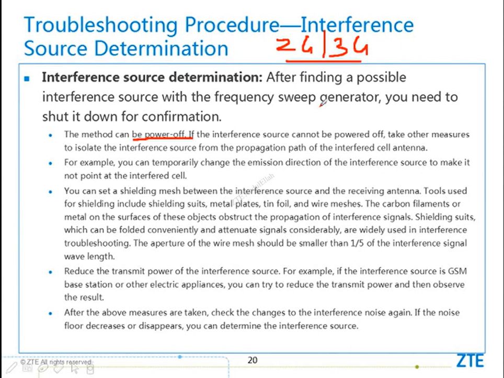If we power off and the interference disappears, then we confirm. But if the source comes from another operator, it's probably very difficult to ask them to power off. Then you can think about, for example, adding some metal mask, or changing our antenna azimuth to point away from the interference, and then check whether the interference performance on the EMS changes, to make sure.